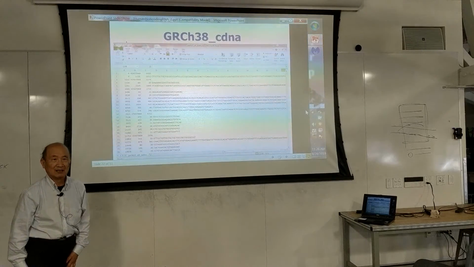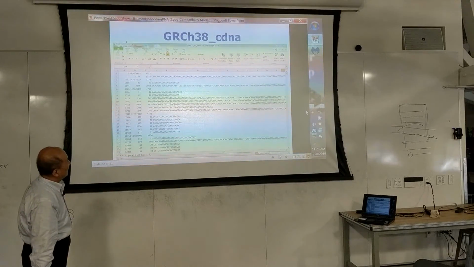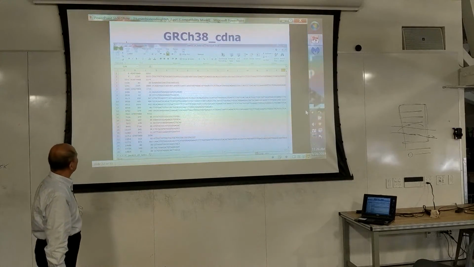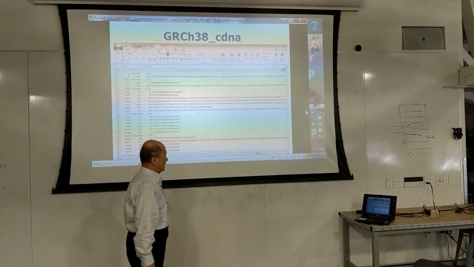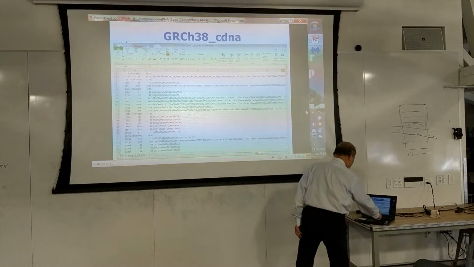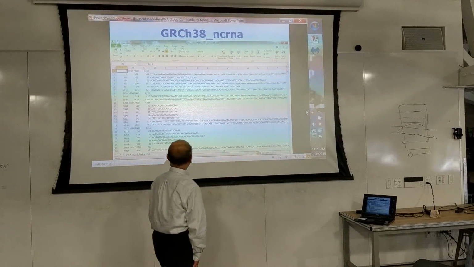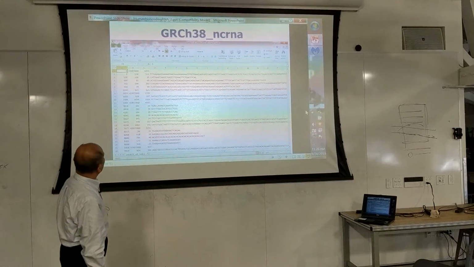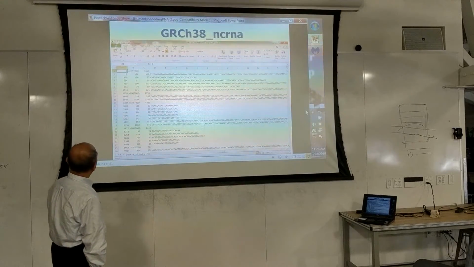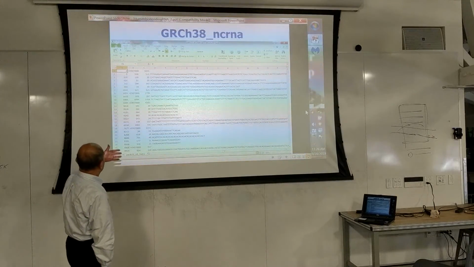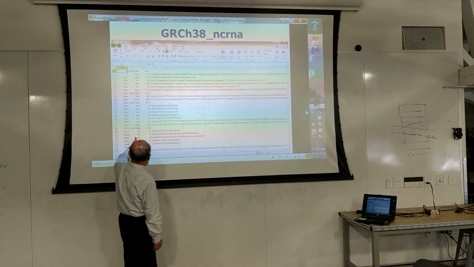This is from the cDNA file, and this is from the non-coding RNA in the Human Genome Project. You can see some pairs here, some clusters here, but there are lots of long things.